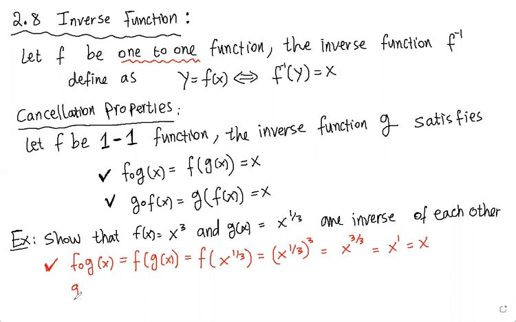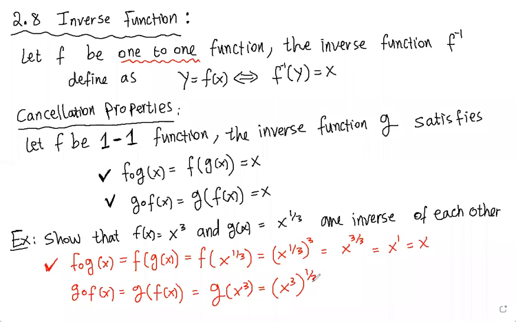The second one, g circle f of x, g of f of x. Now you plug f of x inside g. What is f of x? This is the function x cubed. Now we plug x cubed inside g of x: x cubed to the 1 over 3.